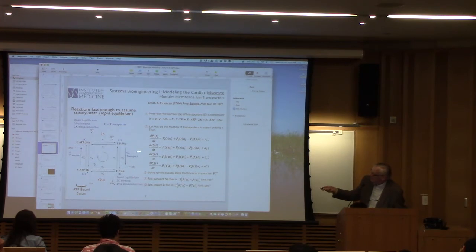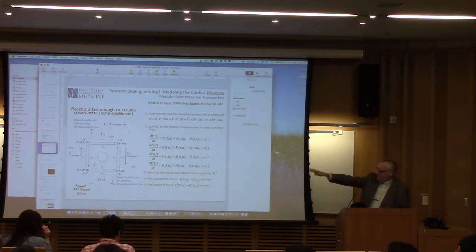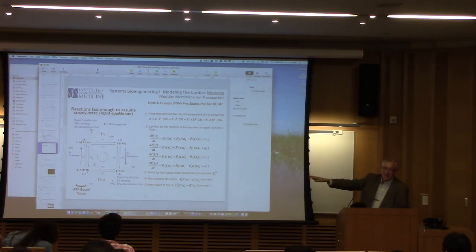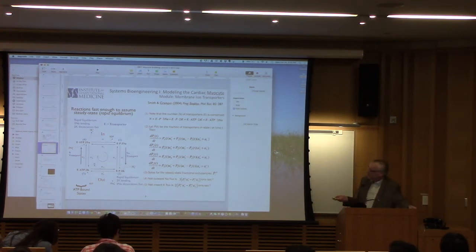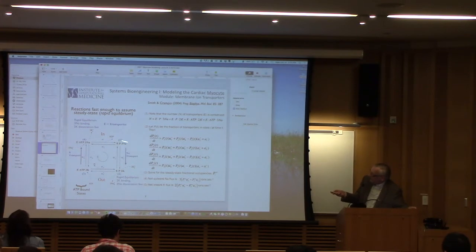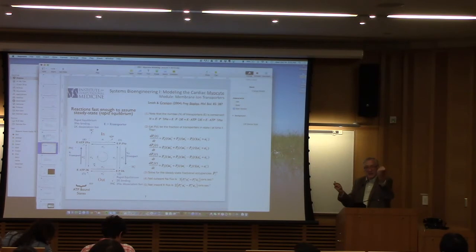So let's begin here in this state where E represents, in the nomenclature of the paper that I took this model from, E represents enzyme. It's representing the pump protein complex. P is a phosphate bound to the pump, and 3 and A represent 3 sodium ions that are bound to this transporter complex. So when these 3 sodium ions bind to the pump, and they're binding when these binding sites are exposed on the inner surface of the membrane, so these are intracellular sodium ions that are binding to this transporter.